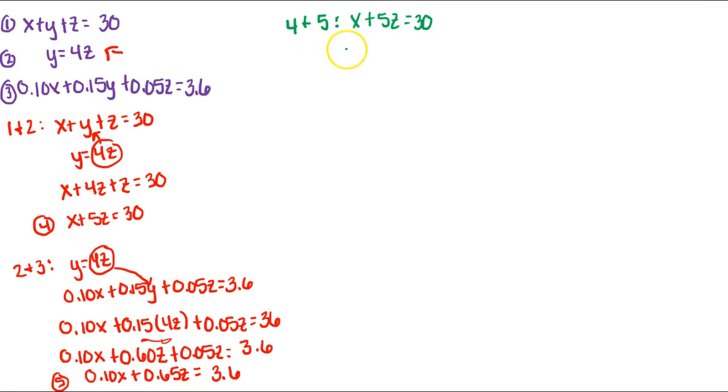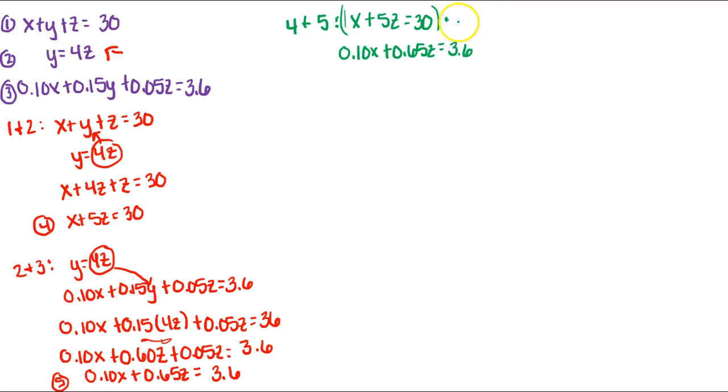And equation 5, 0.10x plus 0.65z is equal to 3.6. I guess I'm going to eliminate the x's because I already have a 1 coefficient right here. And it's going to be fairly easy to turn it into a 0.10.